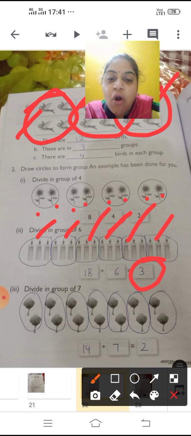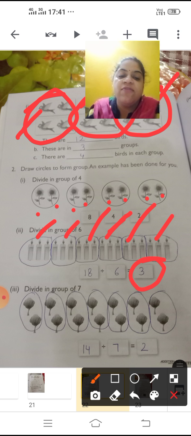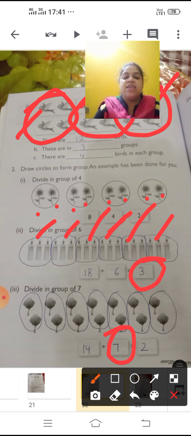Understood? What we have to divide by, that we will take here. Like divide in 7 groups. First of all you will write down the total number. So total number is 14. 14 trees are there, and 7 is what we have to divide in groups. That will give you 7 twos are 14. Understood?